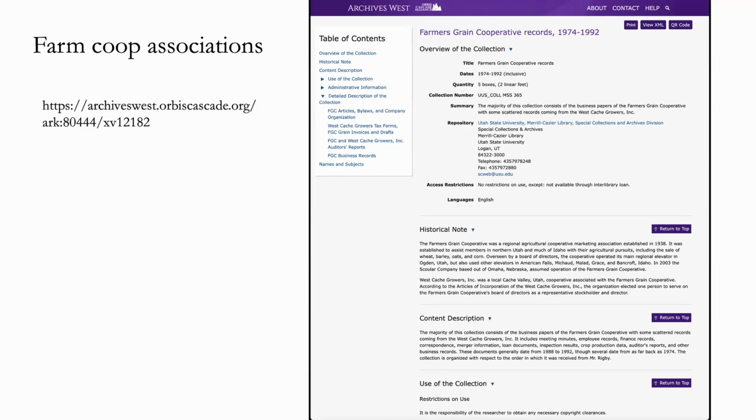Well, it becomes interesting because there are, in this case, records that come about as a result of what's called the cooperative movement among farmers.